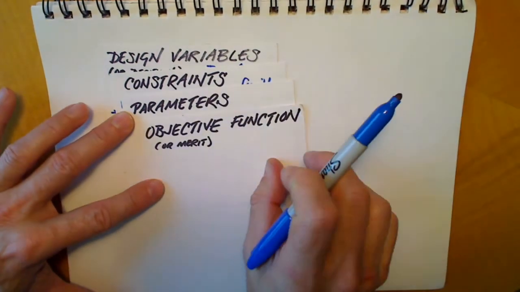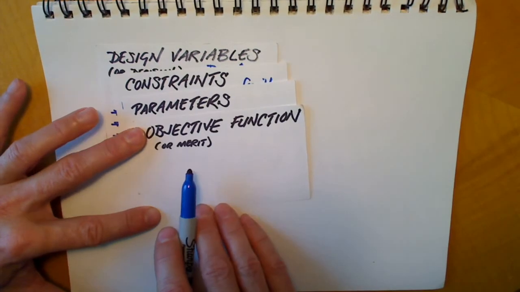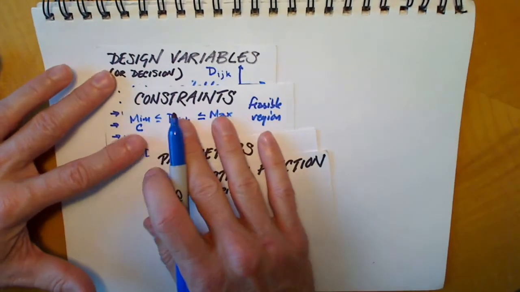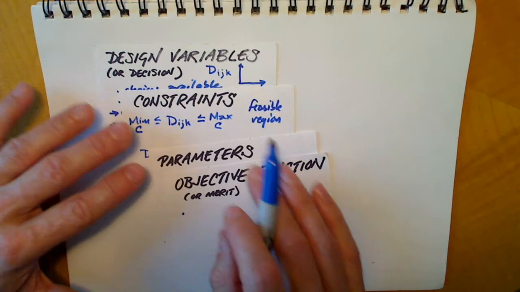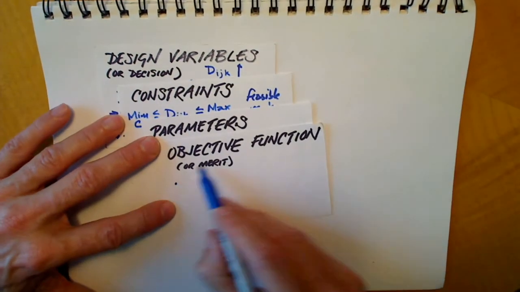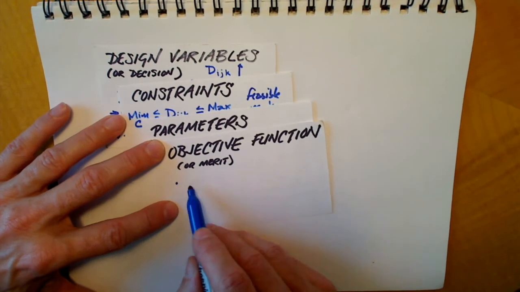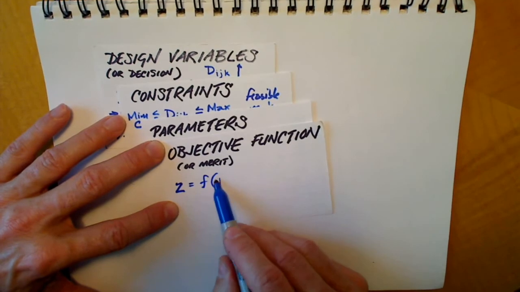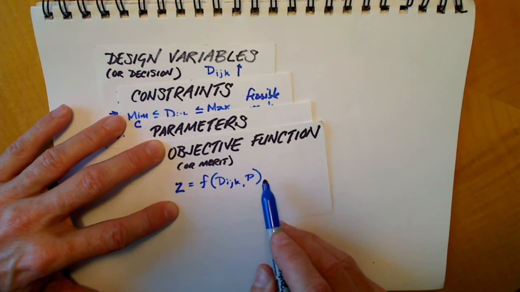Finally, the objective function or the merit function is one of the most important vocabulary words. Why is that? Because of all the feasible solutions represented by all these different combinations of design variables that satisfy the constraints, of all the feasible solutions, the mathematical representation of their merit or their value, I'll call that C, which is a function of the design variables and the parameters.